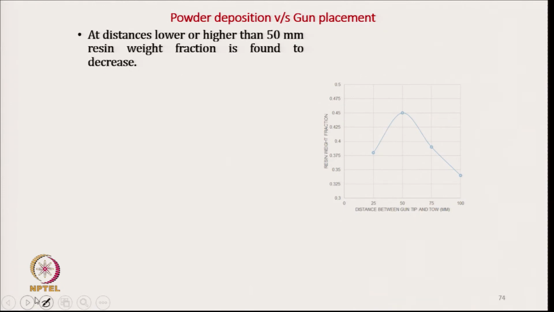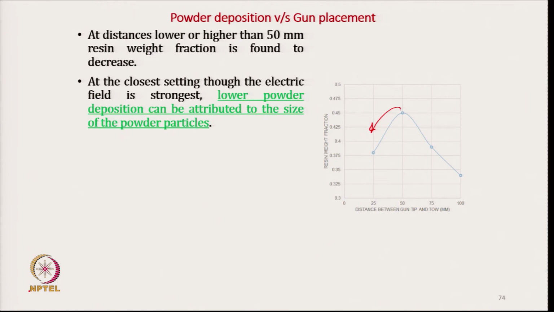So, as the distance is lowered from 50 mm, the weight fraction is found to decrease. At the closest setting, though the electric field is maximum, okay, it is strongest, the lower powder deposition can be attributed to the size of the particle.